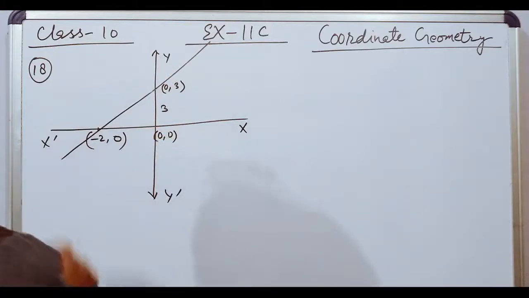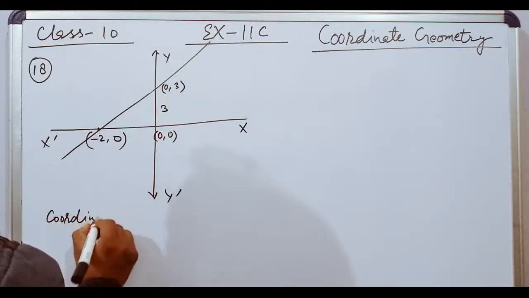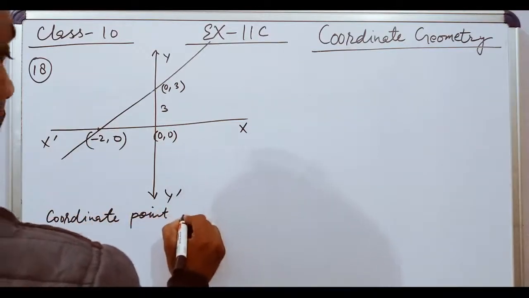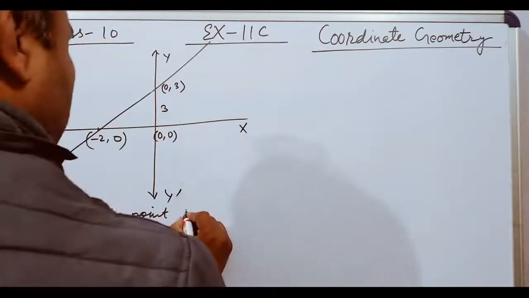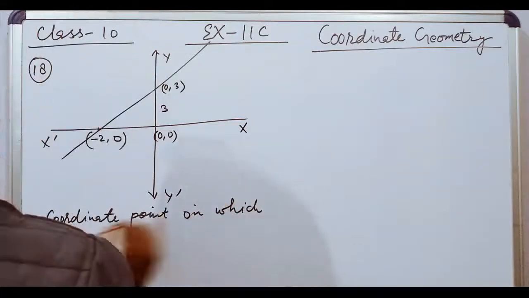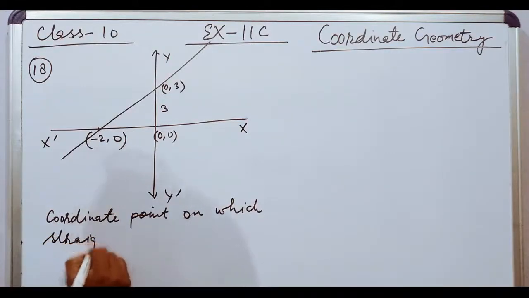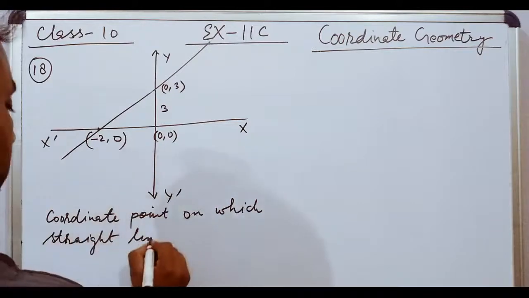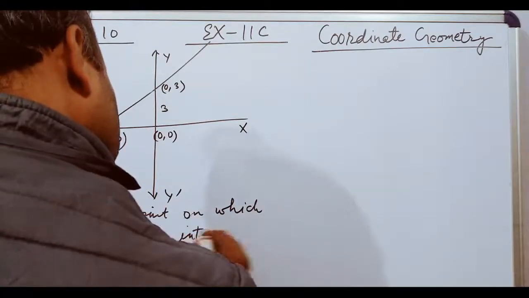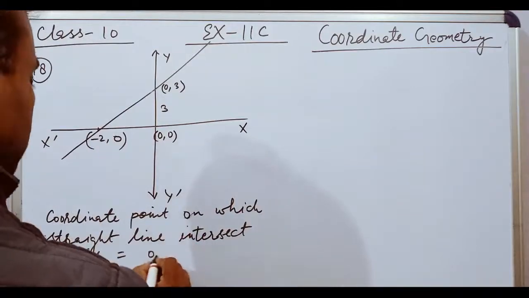Now we can find the coordinate point at which the straight line intersects the y-axis, which is (0, 3).